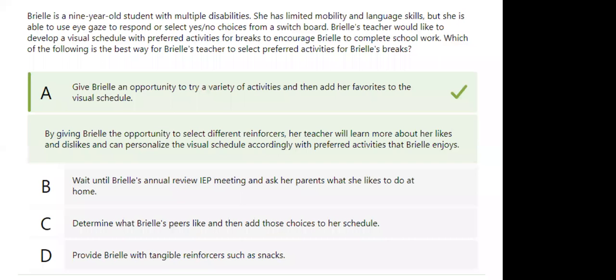The answer would be A. By giving Brielle the opportunity to select different reinforcers, her teacher will learn more about her likes and dislikes, and then her teacher can personalize the visual schedule accordingly with preferred activities that Brielle enjoys. And this is something that could be used for any number of students.